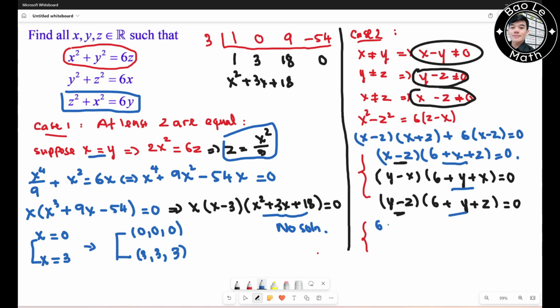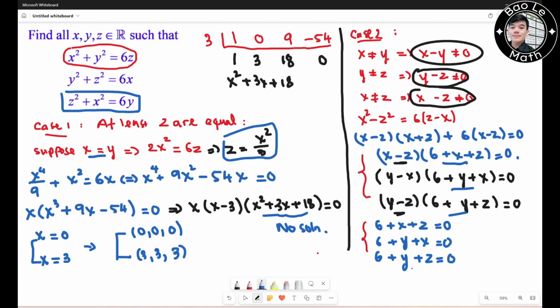So you have 6 plus x plus z equals 0, 6 plus y plus x equals 0, and the last one, 6 plus y plus z equals 0.